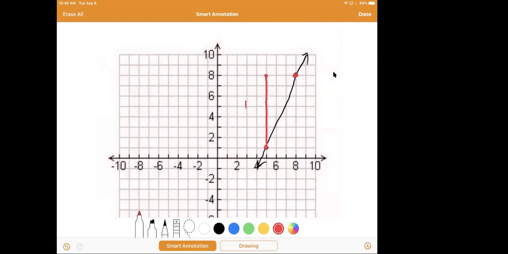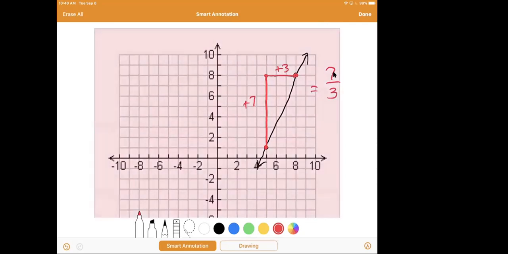That's a positive 7. And then we would travel to the right a positive 3. That is the vertical change over the horizontal change, which is the slope. That's how that comes about. And what's interesting about the slope is that we always do the vertical change first. We do the up, down first, and then the left, right. All right.